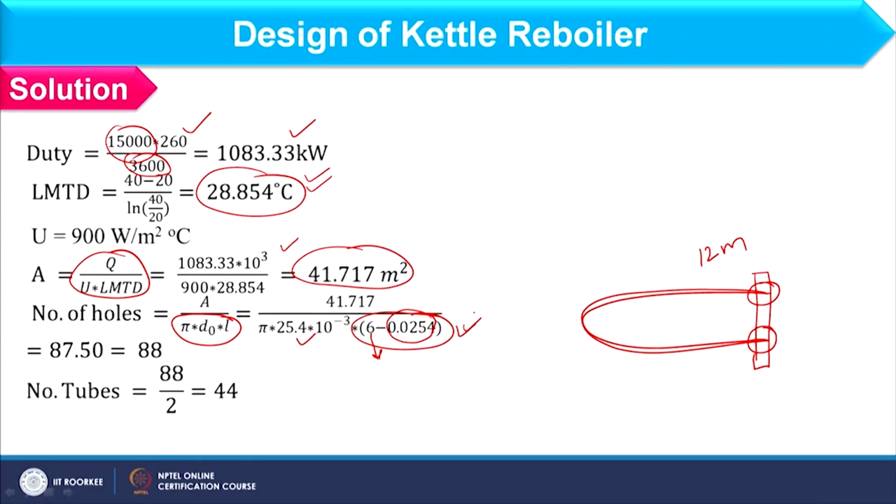So, considering all these values as well as the total heat transfer area, we can find out the number of tubes as 87.5, which should be 88. Okay. Now, what is this? Is 88 the number of tubes or the number of holes? If I am considering half of the length, that is the length of one leg of the U tube, it means whatever number of tubes I am considering is nothing but the number of holes.